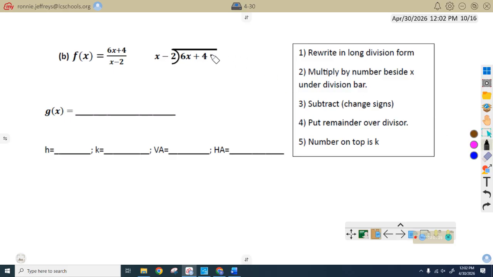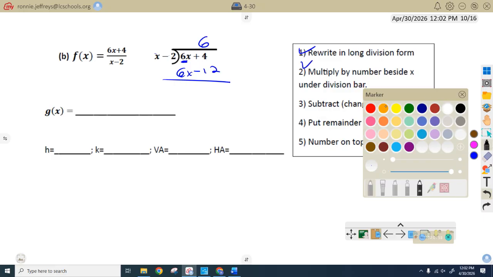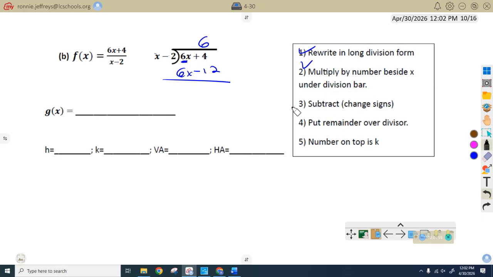All right, so let's look at this one. Yes, I was nice and already set this up. Multiply by the number beside x. So the number right here is 6, so we multiply by 6. 6 times x is 6x. 6 times negative 2 is negative 12. All right. So subtract, change signs.